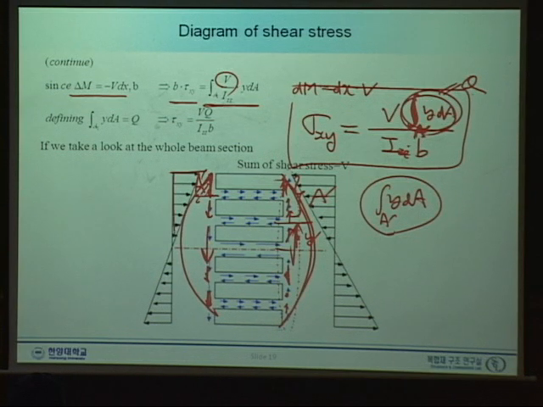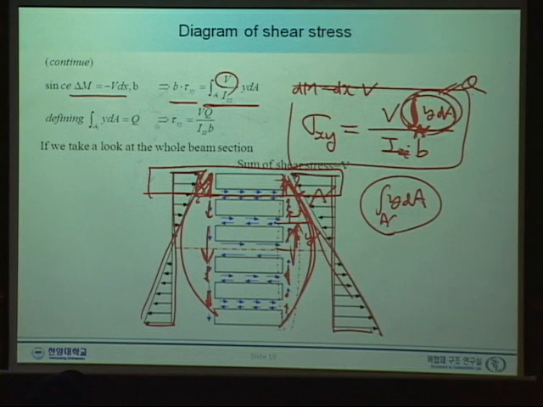And as you can see here, the normal stress has increased here. And again, if we cut this part, they are in x-directional force equilibrium. Okay? This is how we calculate the shear stress at a certain point.